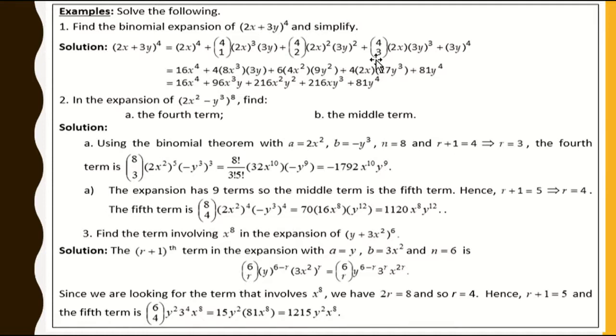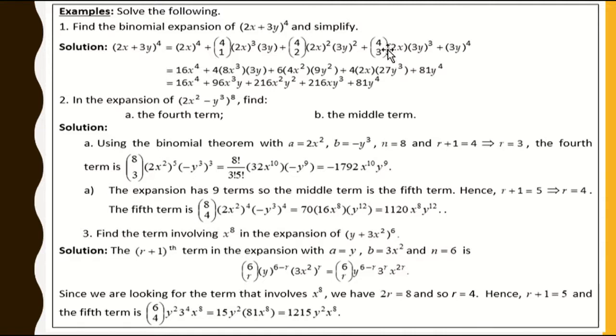4 taken 3 at a time. This is 4 factorial over 3 factorial times 4 minus 3 factorial. So, in 4 factorial, the 3 factorial cancels with the denominator. What is left is 4 on top over 1.